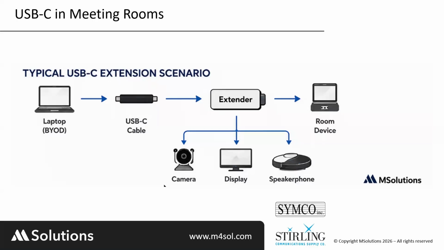We need to understand the extender that we're using, what it is capable of doing, if it can support the 4-lane DP with USB 2.0, or it can support also USB 3 with a 2-lane DP.